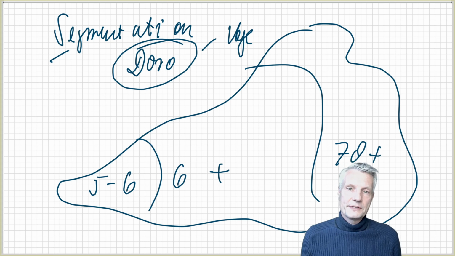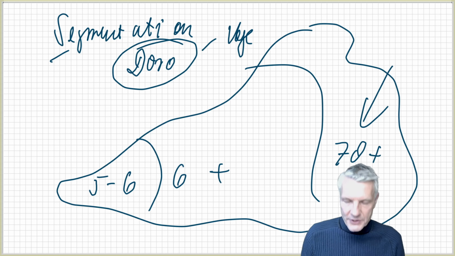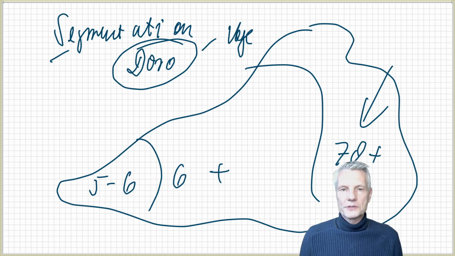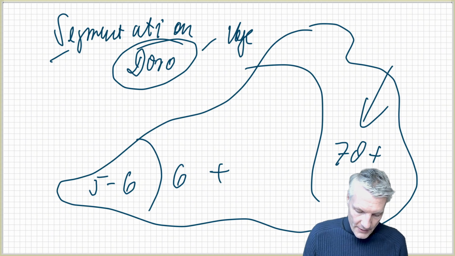They don't want to install apps or connect to the internet. It's all too complicated. They want big buttons, for example, easy to read. They want to take a picture and send it to their grandchildren. And so Doro made a phone which does precisely that. Very inexpensive, not a smart screen, very easy to use. It even has an emergency button at the back of the phone. So that is segmentation.